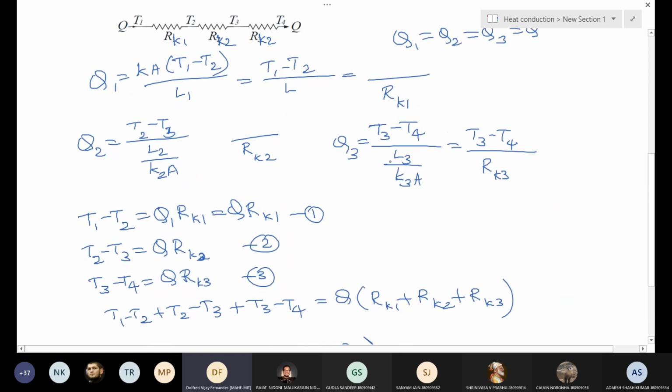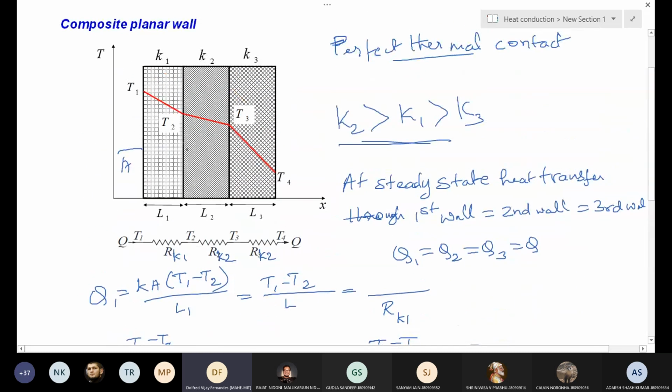To increase the complexity of the problem, we can design these walls in different ways. The wall can be a combination of multiple walls with different areas, not the same area.